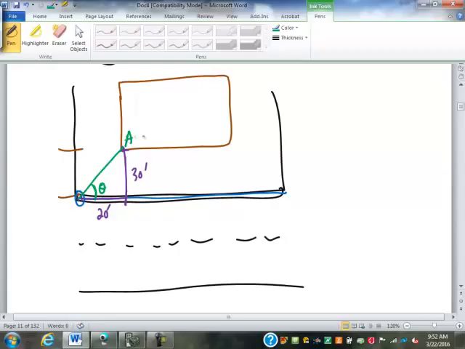This is for point A, by the way. What sides do I have here? Do I have the hypotenuse? I have the two legs, the opposite and adjacent, which means we're going to use a tangent. So tangent of that angle, what's the opposite side? 30, and the adjacent side, 20. So the angle is going to be the inverse tangent of 30 over 20.